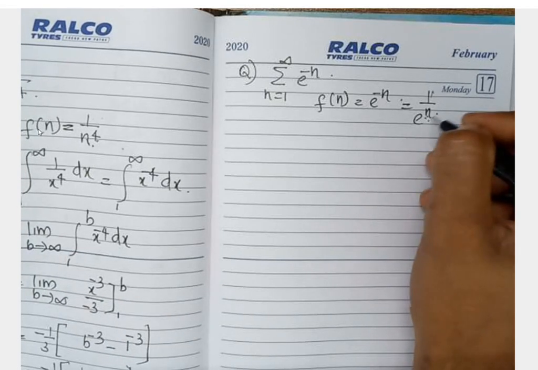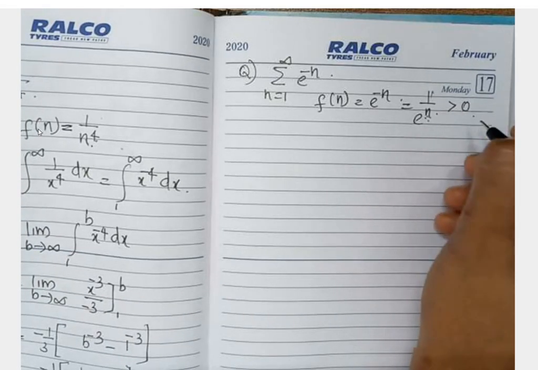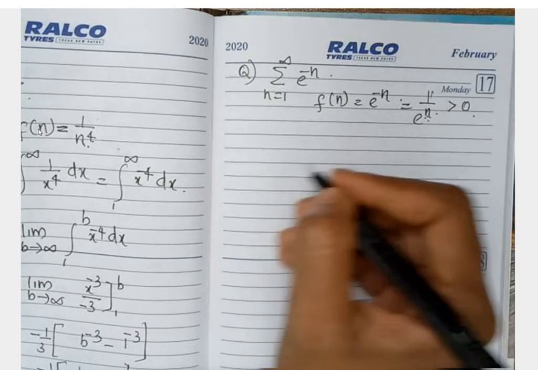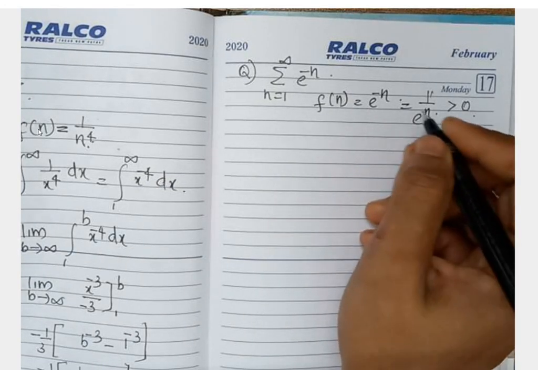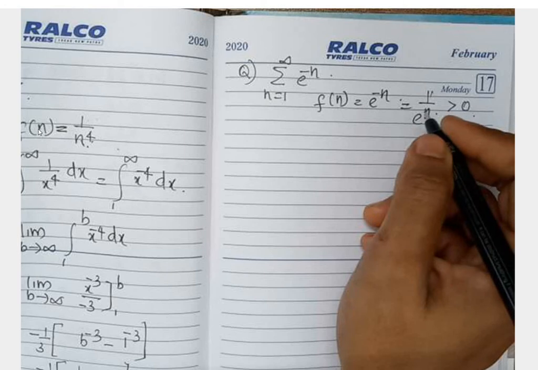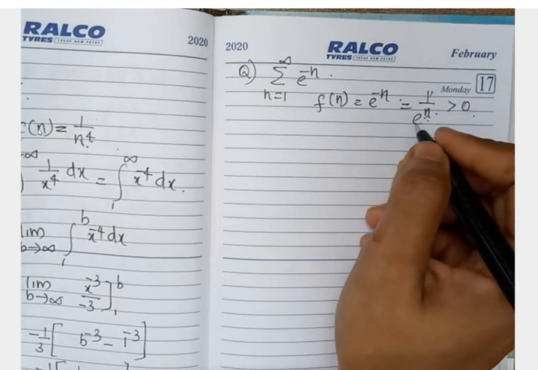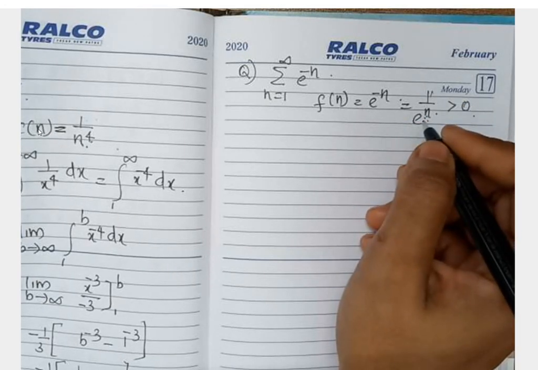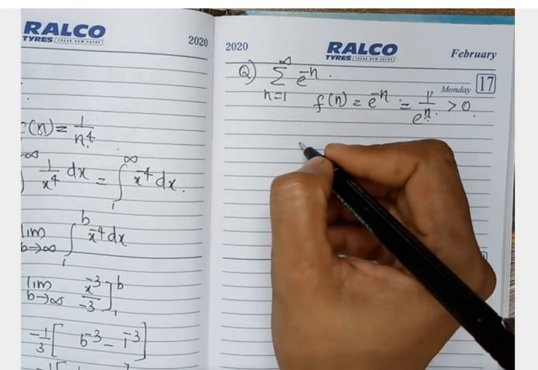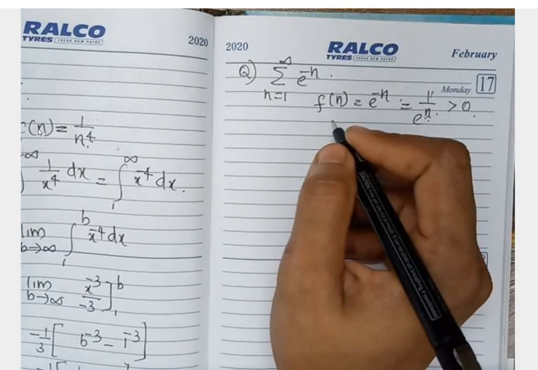Also e raised to minus x is continuous. So this is continuous, positive, and decreasing.